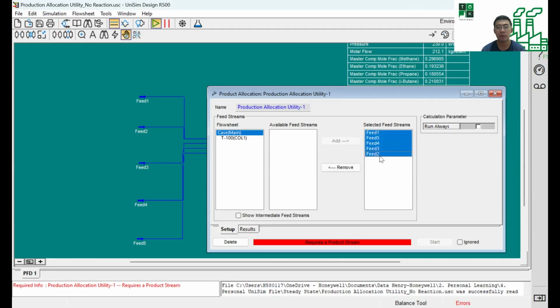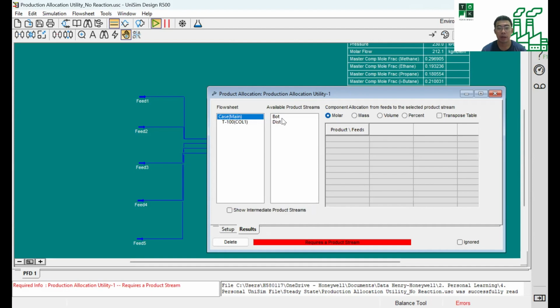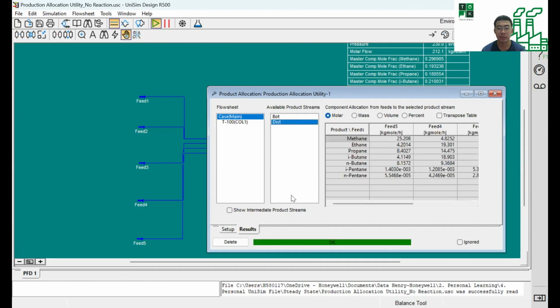Okay, I want to make it in order. Then there is a calculation parameter, run always. So if I tick this, then the production allocation utility will automatically calculate when I already have the feed streams selected. If I tick this, then I select which product stream I want, for example the distillate.